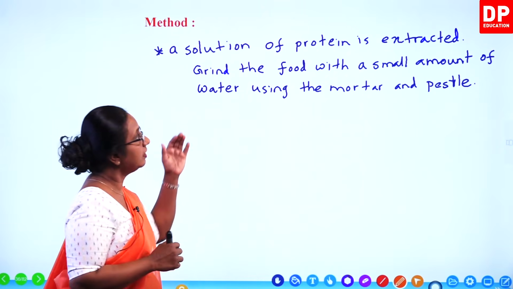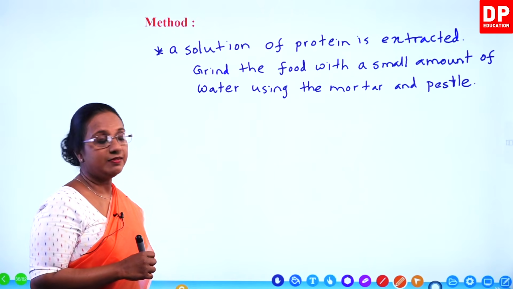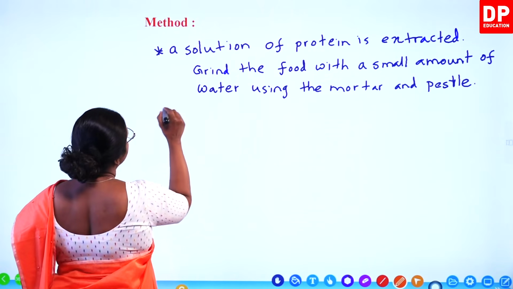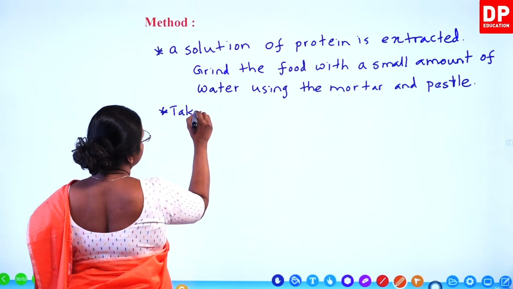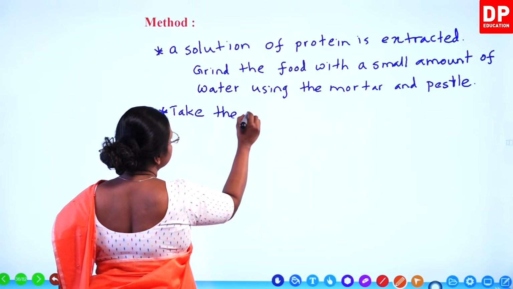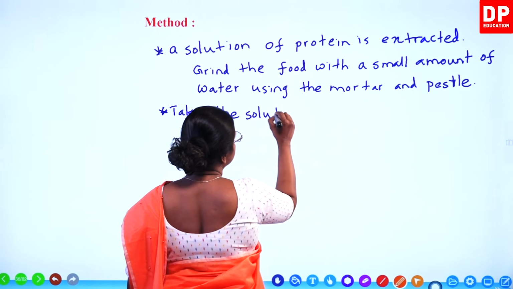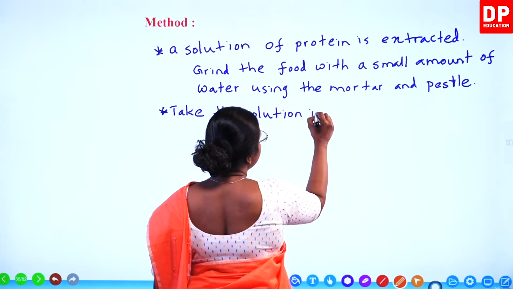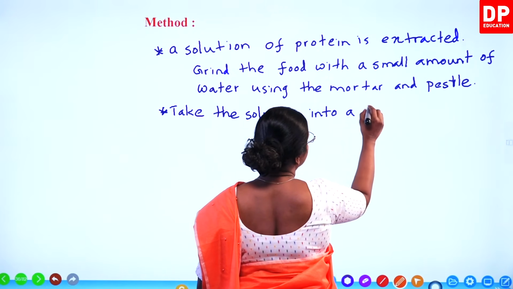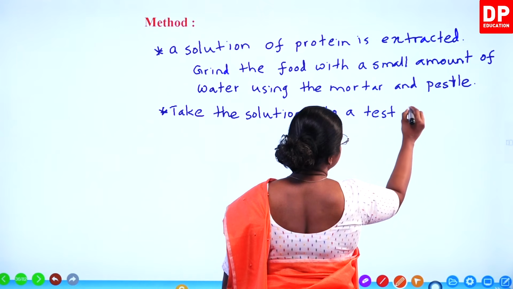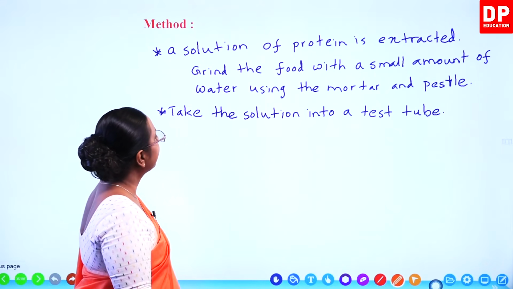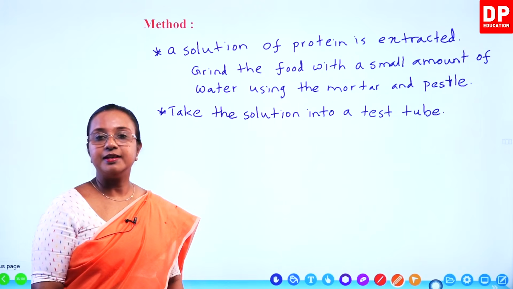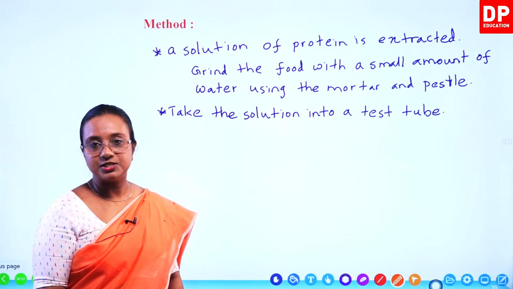So, we have the protein solution. We take it into a test tube. Take the solution into a test tube. So now we have the solution that contains protein in a test tube.